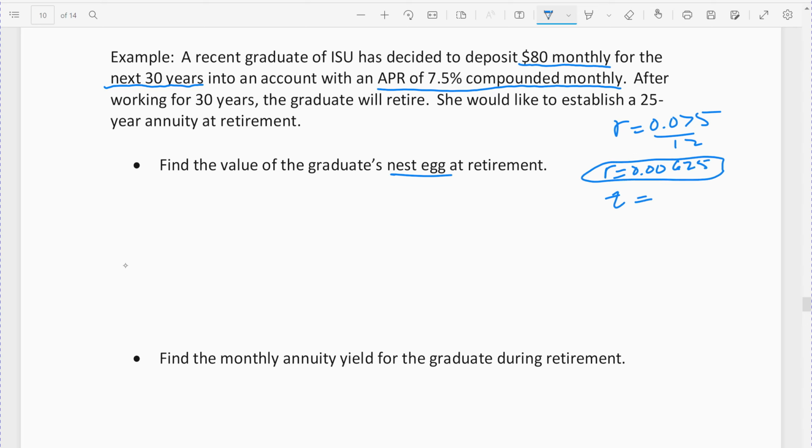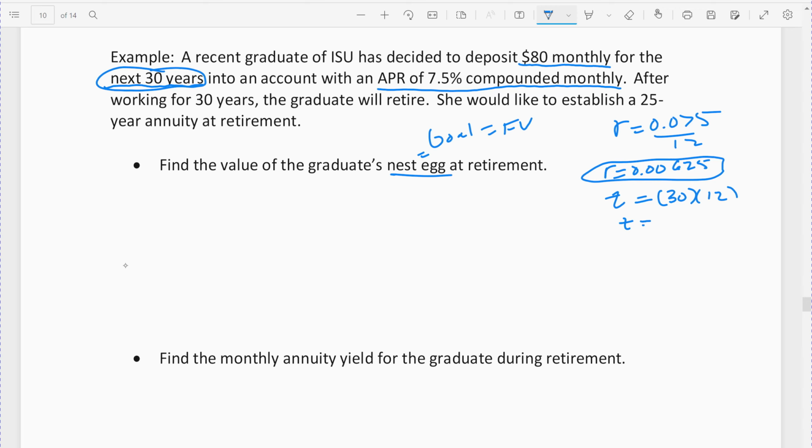T for the nest egg would be, so this would again be the goal, the future value of the accumulation fund. So for 30 years. So this is while we're investing the $80 a month for 30 years.